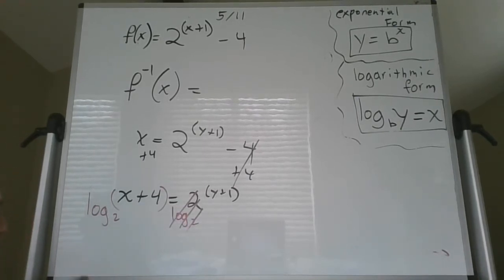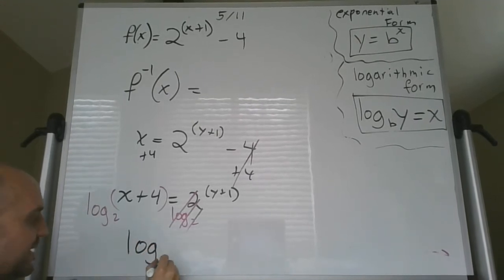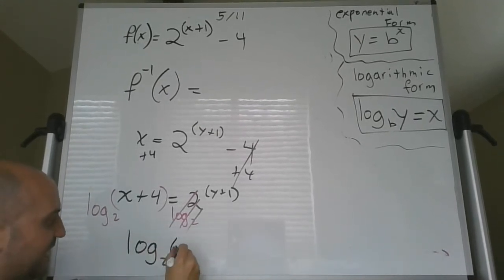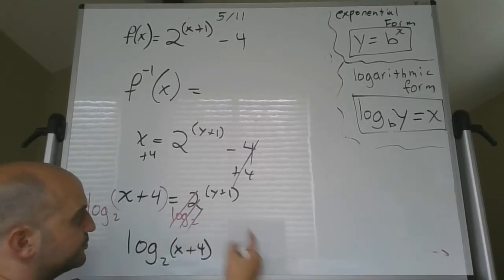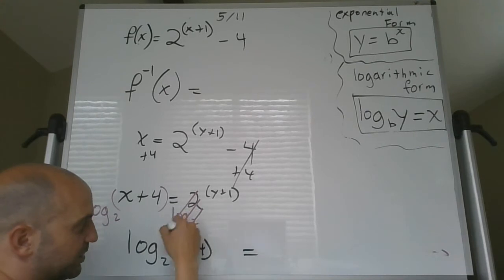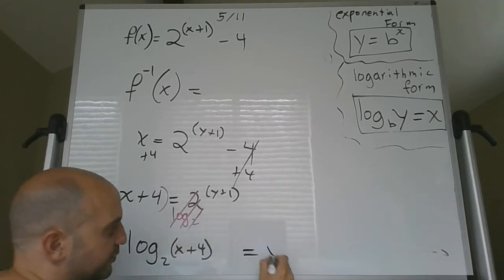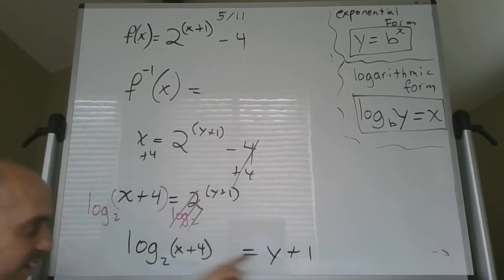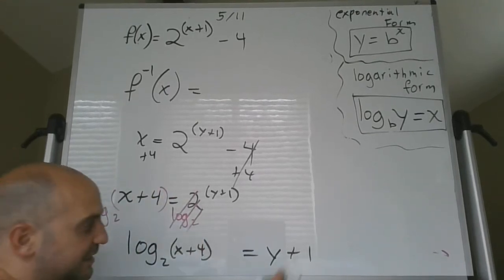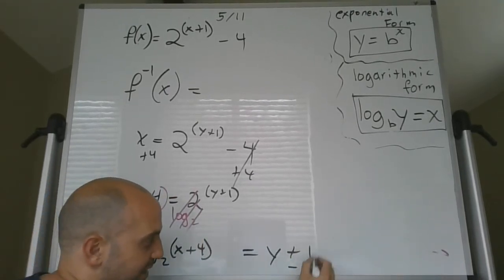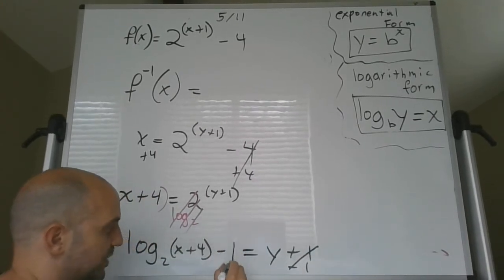So let's see what I'm left with. I'm going to rewrite this. I'm left with log base 2 of x plus 4 is all equal to, now remember, log base 2 and 2 cancel it out. We're just left with y plus 1. Do we have y isolated by itself? Almost. Not quite. The only thing left is that stupid plus 1. We're going to do minus 1 here.